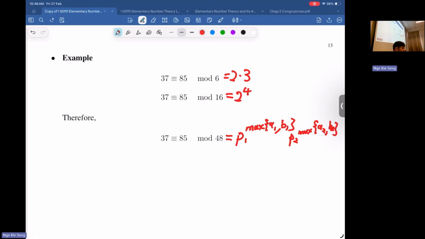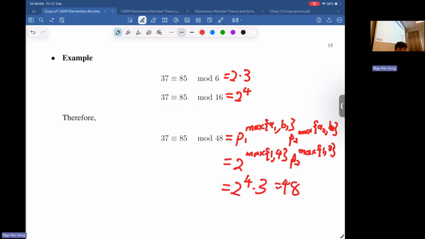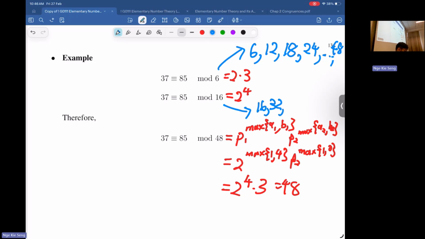There are only two primes to take care of. One is 2 to the max of 1 and 4, the other is 3 to the max of 1 and 0. So it's 2 to the 4 times 3, which is 48. Otherwise, you can list down their multiples, the traditional method: 6, 12, 18, 24, and list all the way up to 48. Similarly here, 16, 32, and then 48.